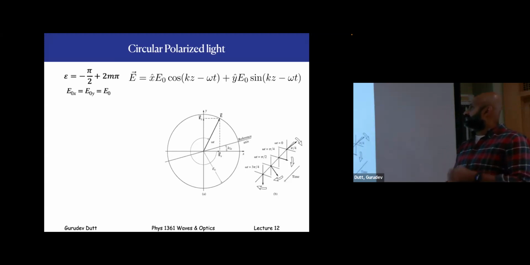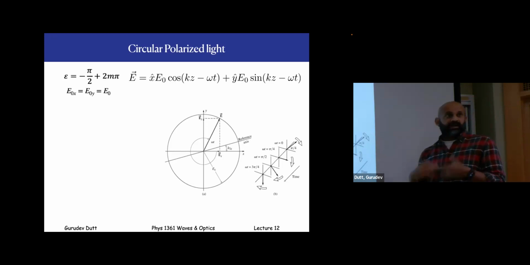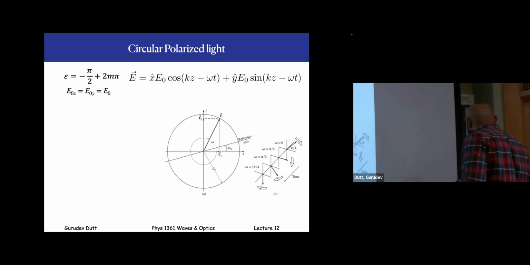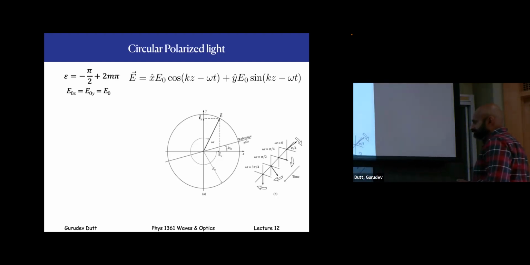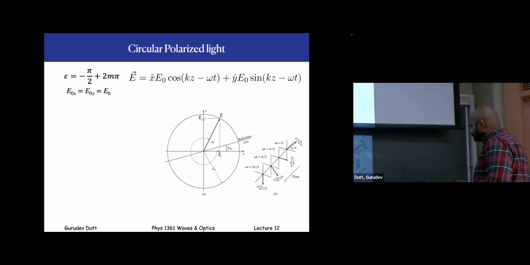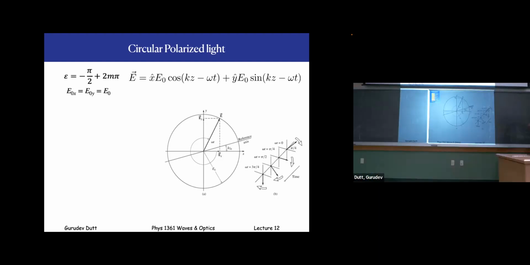There are many ways to understand what the direction of polarization is, but I always like to go back to that initial diagram that I drew, and it's also shown in your textbook. So I put that drawing here. But since I can't always remember what it looks like, I just like to go back to the original expression.